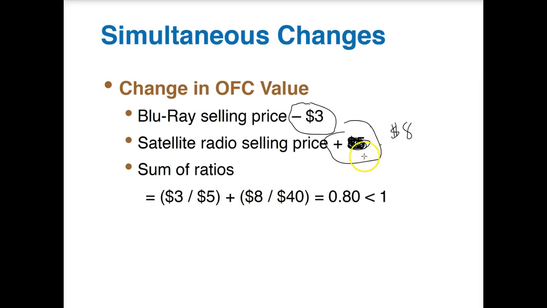So we'll just go ahead and assume that this was a typo here, and we'll just let that be $8 so everything stays consistent there. But of course, if it was a $5 increase, like how I did before for the satellite radio tuners, then of course this would be the correct amount of simultaneous changes as far as probability is concerned.